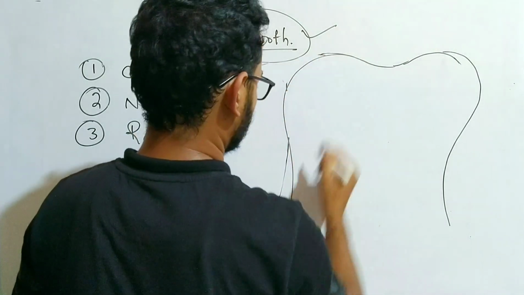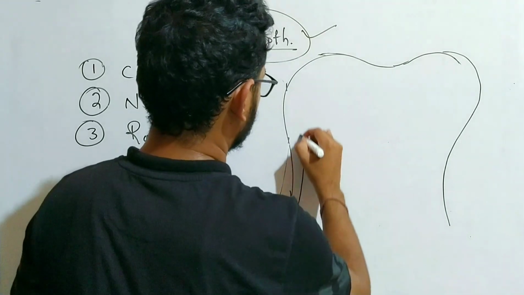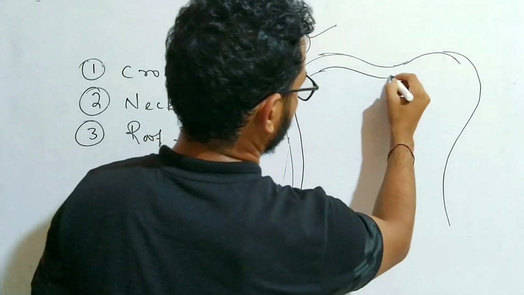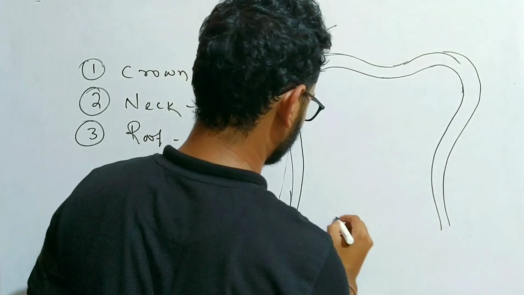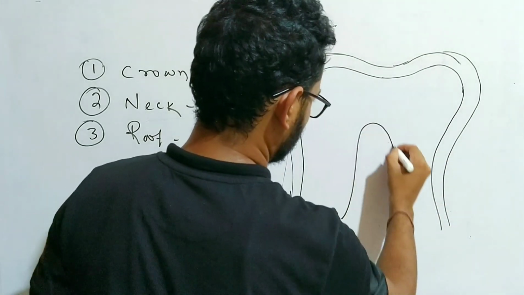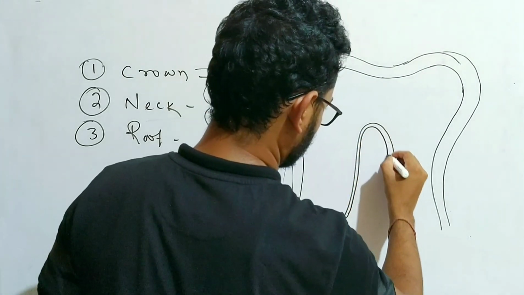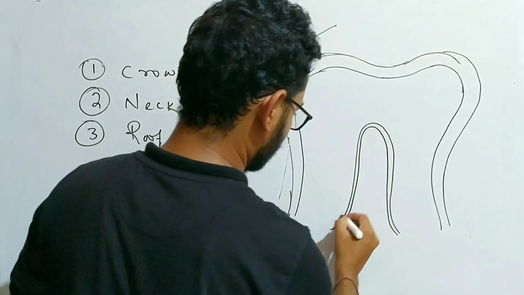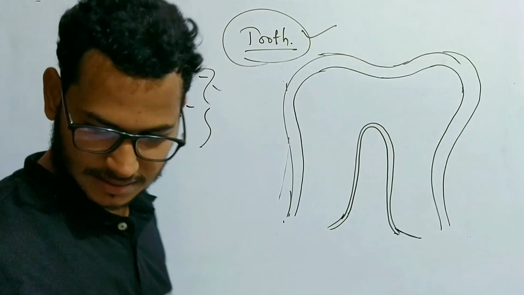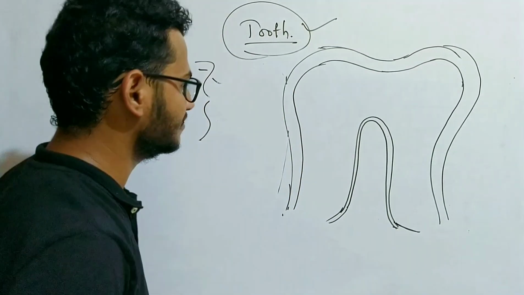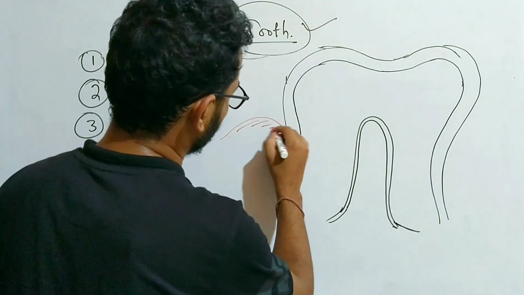Clear? It has three different parts, as I have already told you. This is the part where our gum is present.